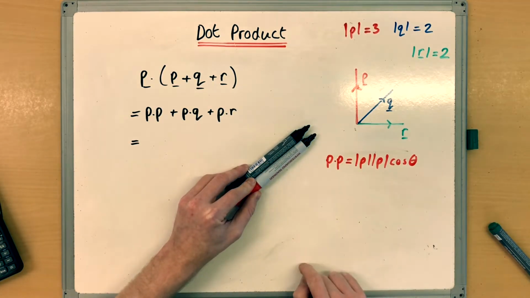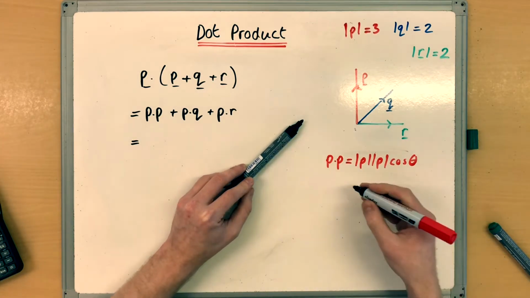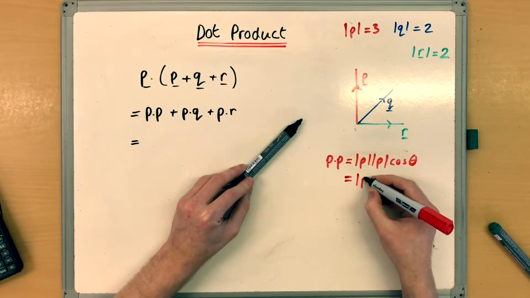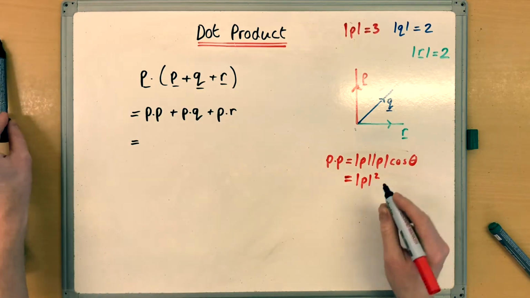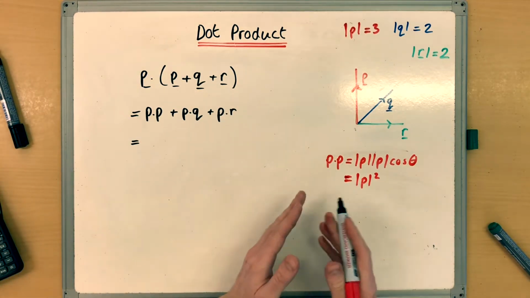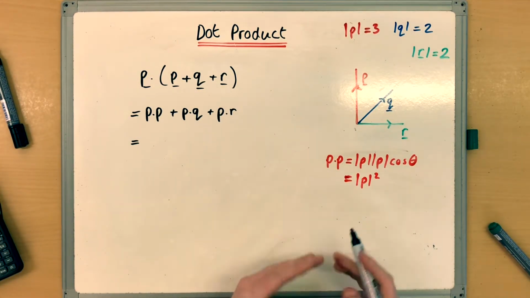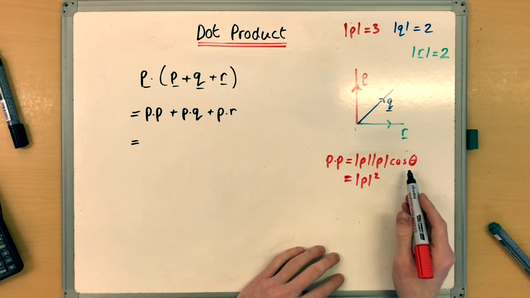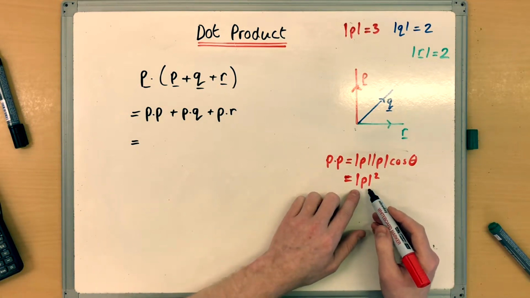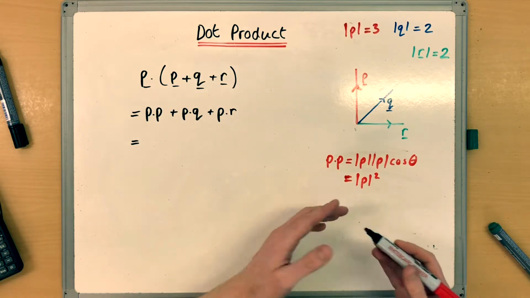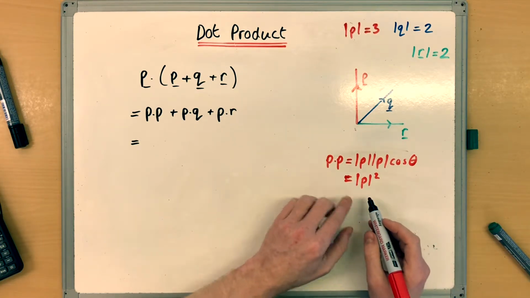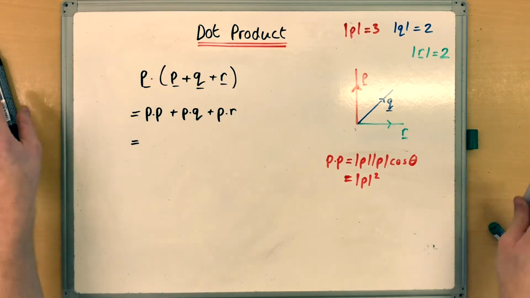Cosine of 0 is 1. So what this actually becomes is the magnitude of P squared. Now, whenever you see P dot P or A dot A or C dot C, anything like that, you can either go through this process and you'll end up with magnitude of P squared or the magnitude of C squared, or you can just remember that link and write it in straight away.